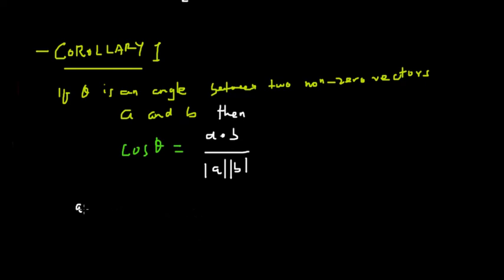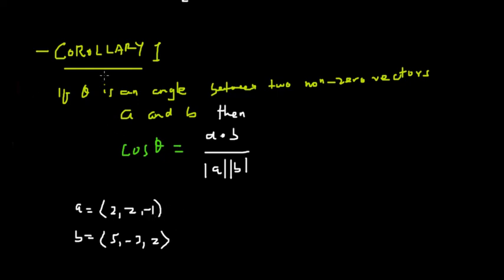Let's say we have vector A equal to (2, 2, -1), and vector B equal to (5, -3, 2). We are supposed to find the angle between these two vectors.